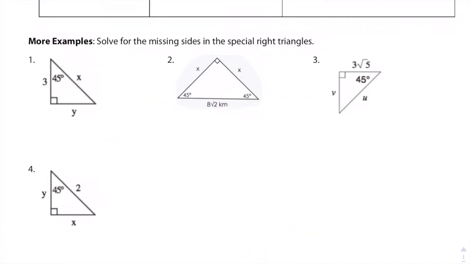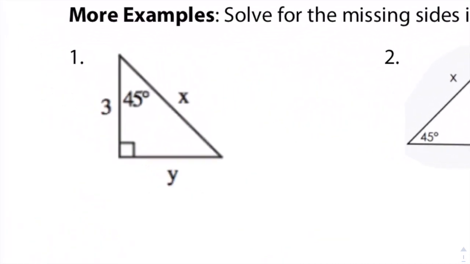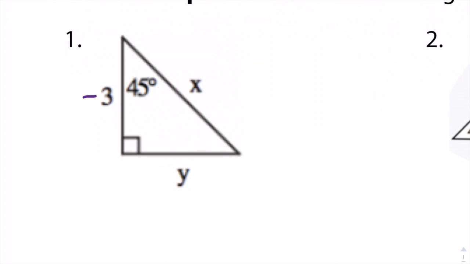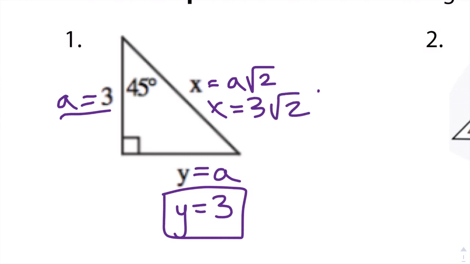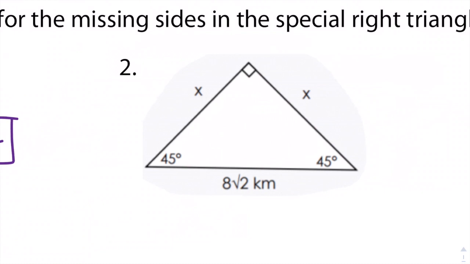Okay, so let's look at some more examples. So we'll start with this one. Again, I'm going to label my two shorter sides as A, and then my other hypotenuse as A root 2. We know that A is 3, so wherever I see an A, I can put a 3. So Y is 3. X is 3 radical 2. Done. Second example.